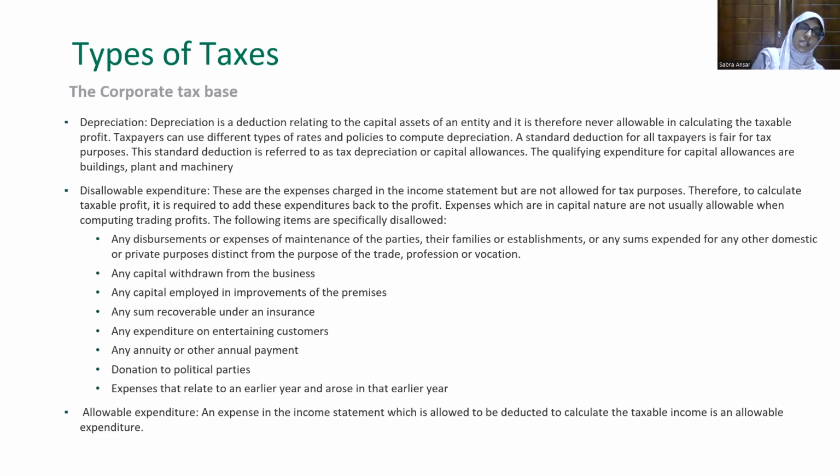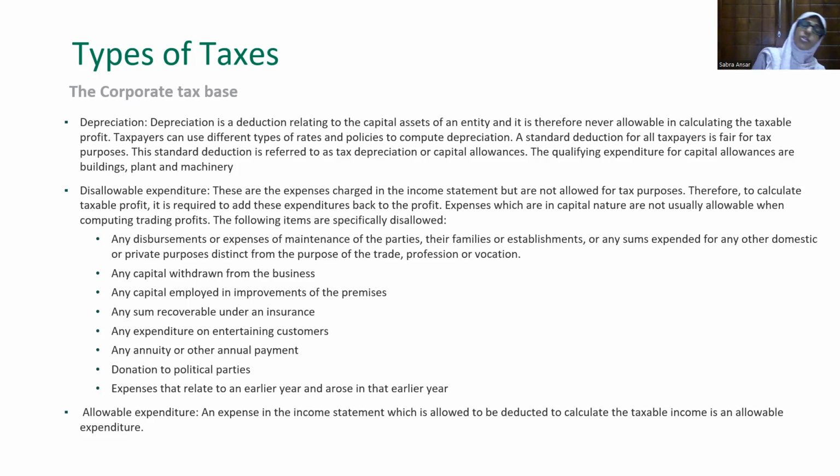So any disbursement or expenses of maintenance of parties or their families or establishments, or any sums expended for any other domestic or private purpose distinct from the purpose of trade, profession or vocation is considered here. Also, any capital withdrawn from the business is considered a disallowable expenditure.